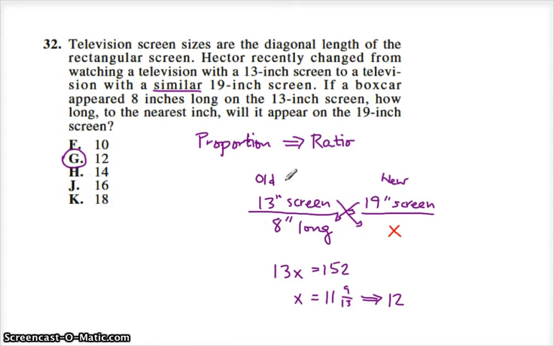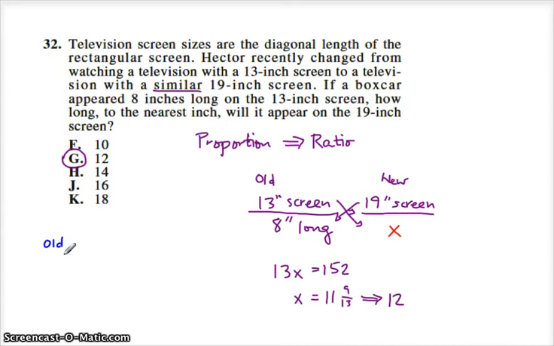Now, we set this up with old on one side and new on the other. That's one way to do the proportion. Another way we could have done the proportion is to put all of the values related to the old TV in the numerator and all the values related to the new TV in the denominator. That totally works the same way too. I'll just do a quick sketch of it over here so you can see it.